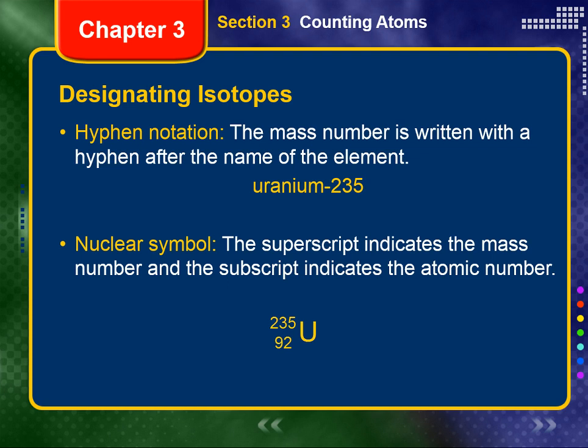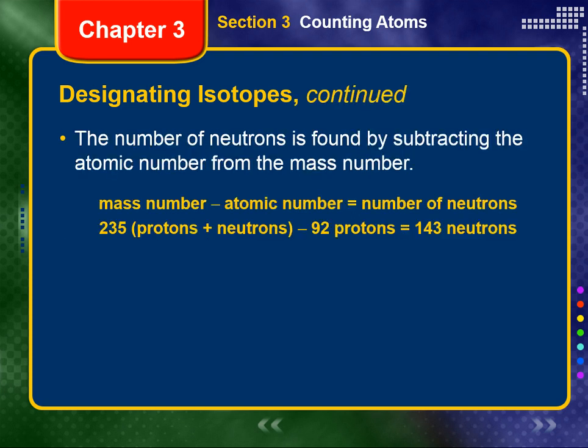The superscript indicates the mass number and the subscript indicates the atomic number. The number of neutrons is found by subtracting the atomic number from the mass number. Thus, a uranium-235 nucleus contains 92 protons and 143 neutrons.